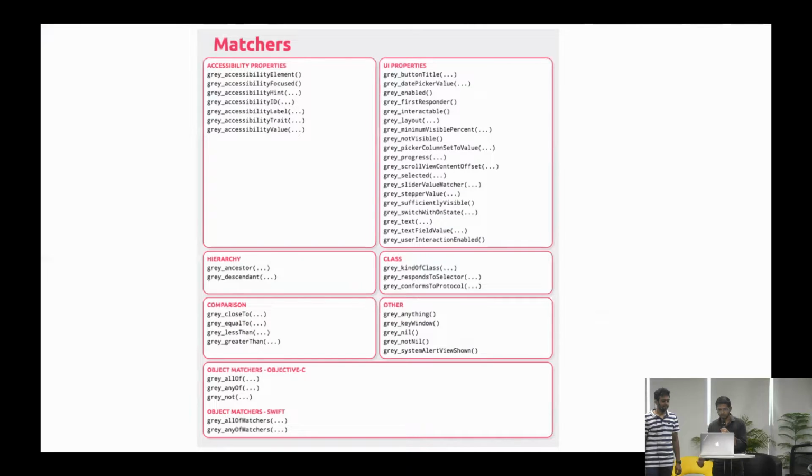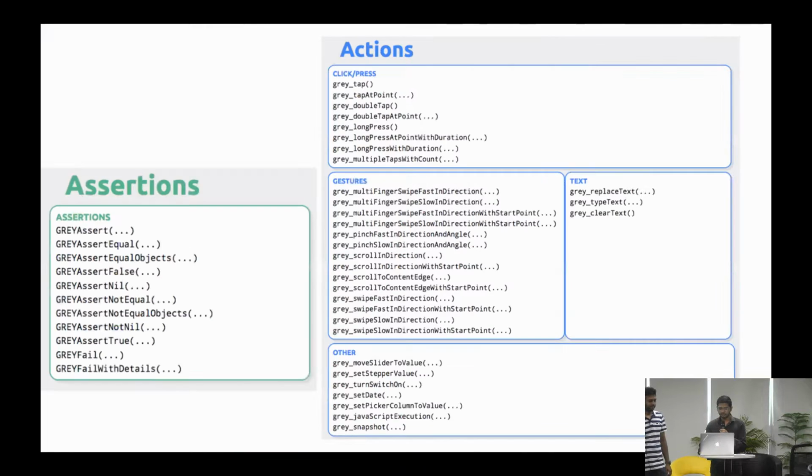Then we have first responder, sufficiently visible, not visible, text, text field values. Those all come under UI properties. We have hierarchies, the kind of classes. I can find all elements which are kind of class A or kind of class B, and then go through that. We have a few other matchers, and everything is listed here.